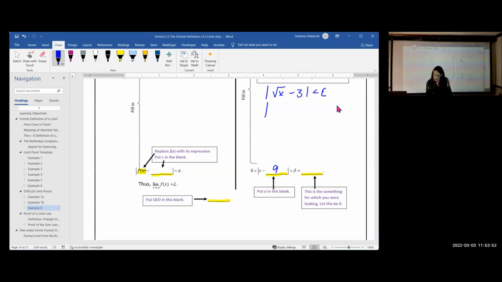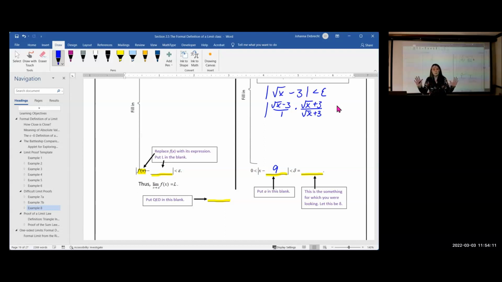We're going to take this square root of x minus 3 and place it over 1 to turn it into a fraction. We have to multiply by a form of 1 because the only things we're allowed to do to an expression on one side only is either to multiply by 1 or add 0.